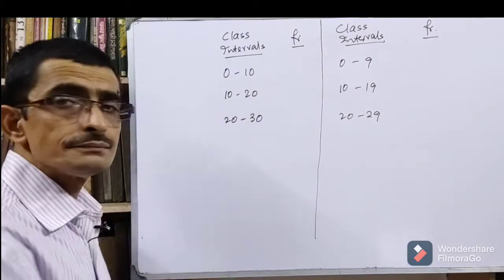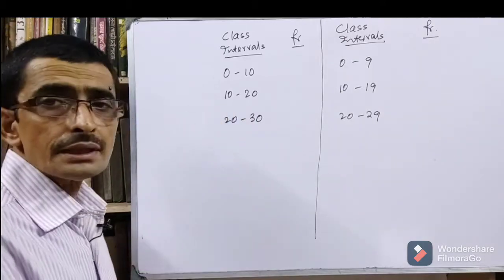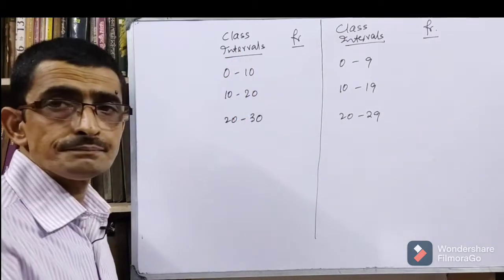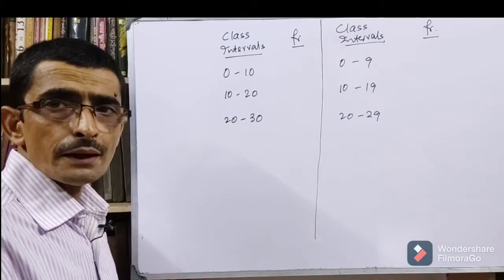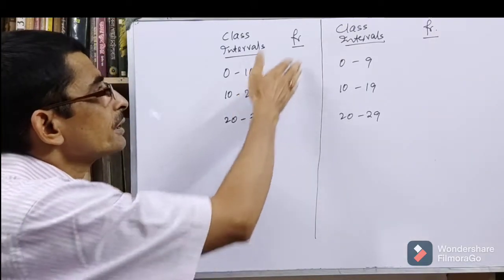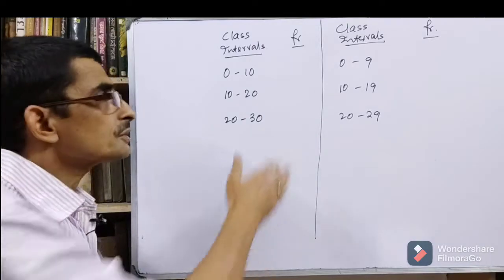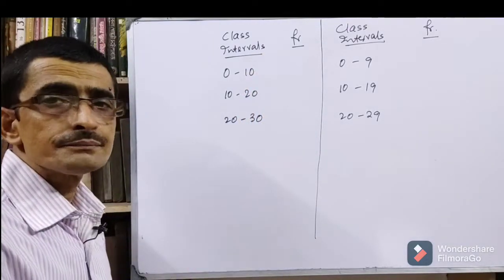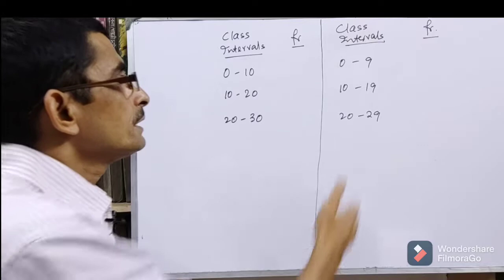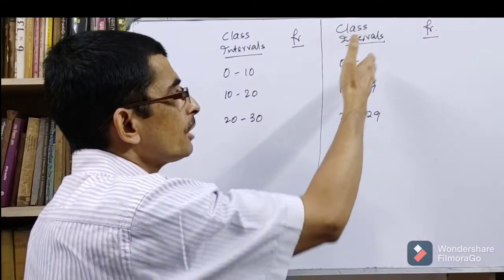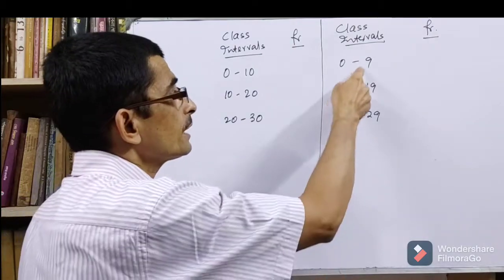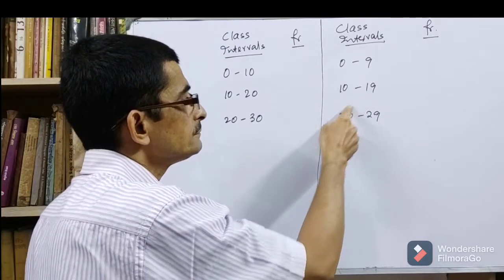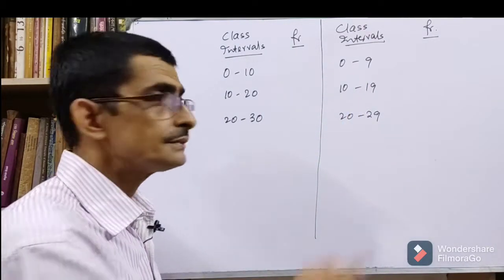Here I have taken 3 classes, but the number of classes may be more. I have not taken the frequencies also; corresponding frequencies will be given. In the second type, the upper class limit of the previous class and the lower class limit of the following class are not equal. This is the second type.